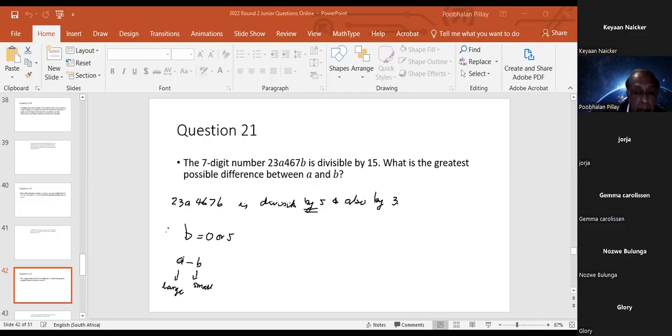That way I will have A minus B as large as possible. We are looking at the difference between A and B. So you want B to be as small as possible and A to be as large as possible. And therefore you will choose B to be 0. You wouldn't choose B to be 5.